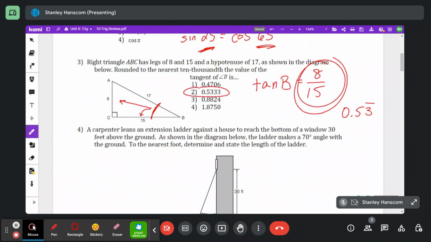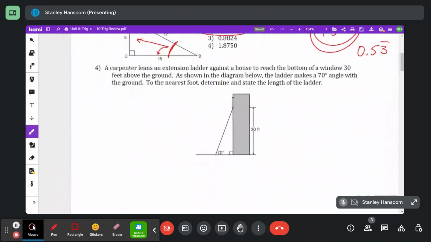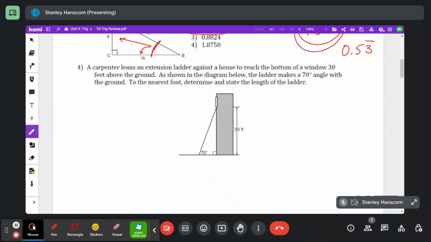Okay, we are now looking at question number 4. It's asking for this diagram to say, for the nearest foot, determine and state the length of the ladder. The length of the ladder is what is leaning against the house, so I'll go ahead and mark that X. The 30-foot mark on this side of the diagram corresponds to how high up the building that ladder is reaching.